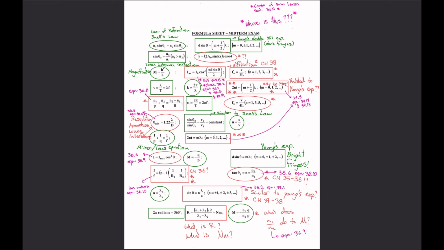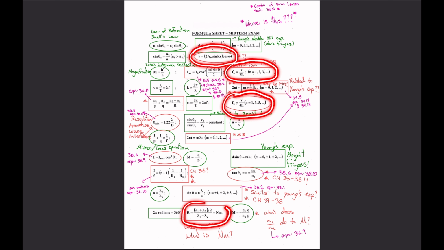So, like I said, I have four equations here. This one, this one, this one, and this one that I did not find anywhere in the chapters. We have four chapters that we have to do for this midterm. I went through every equation in all of those chapters twice, forward and backward, and I couldn't find these equations anywhere.